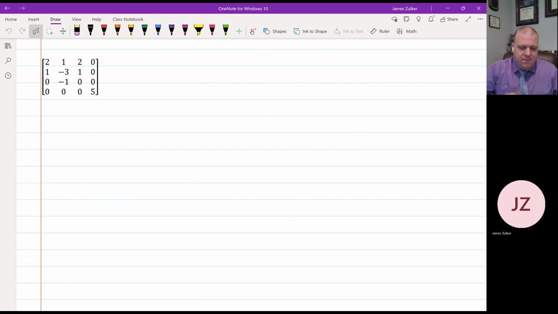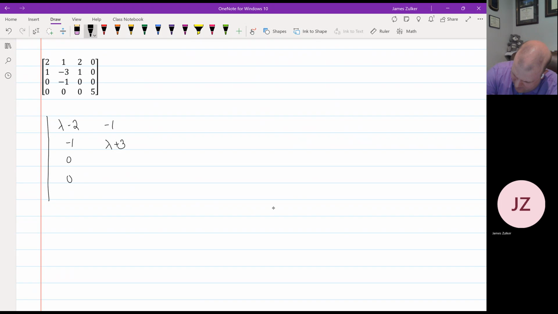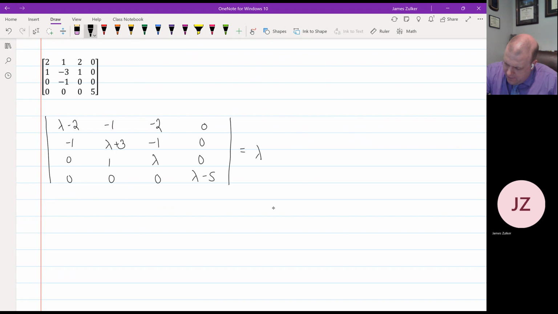And finally, let's look at a 4x4 matrix. We get as our determinant lambda times lambda minus 5 times lambda squared plus lambda minus 6.